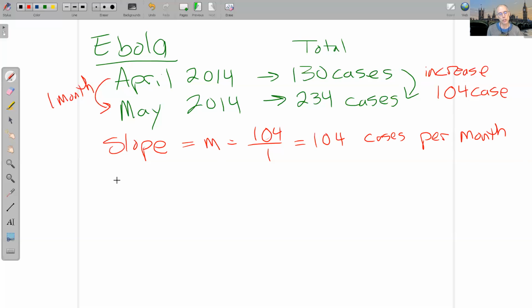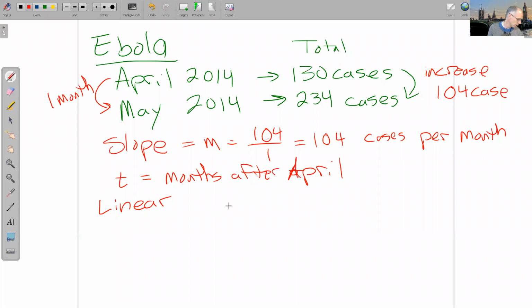So if we were to let T equal the number of months after April, then the linear version of this would be that the total number of cases is equal to an increase of 104 cases per month.